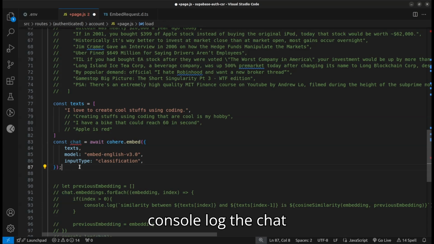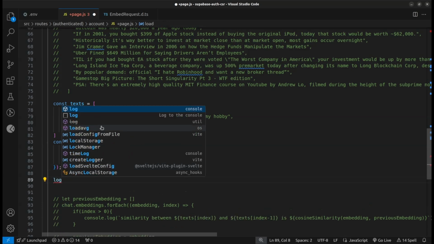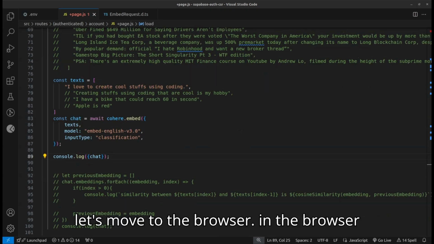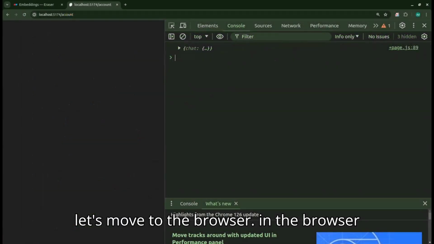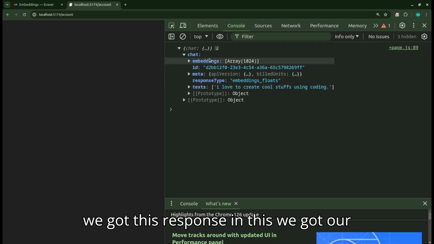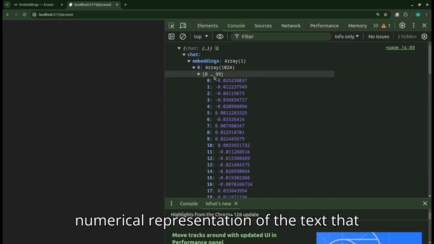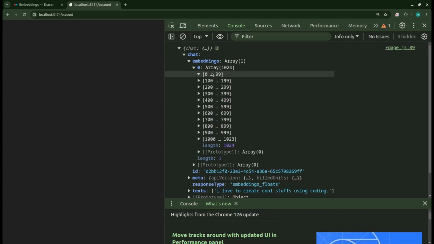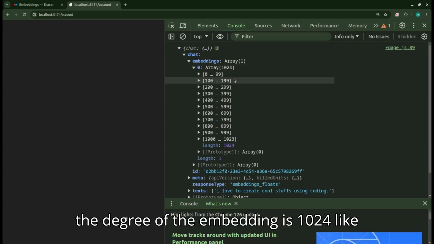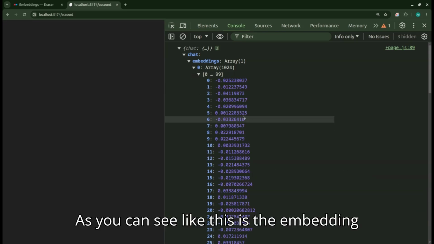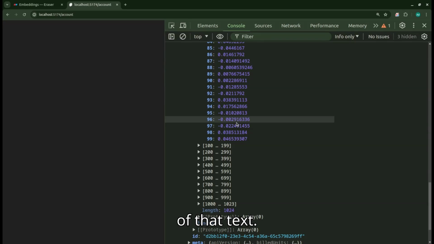Let me console log the chat, save, and move to the browser. In the browser we got this response. In this we got our embedding, which is basically a float or numerical representation of the text that we supplied to it, and the dimension of the embedding is 1024, so 1024 numbers will be there. As you can see, this is the embedding of that text.